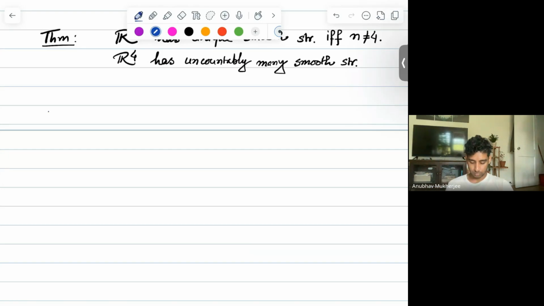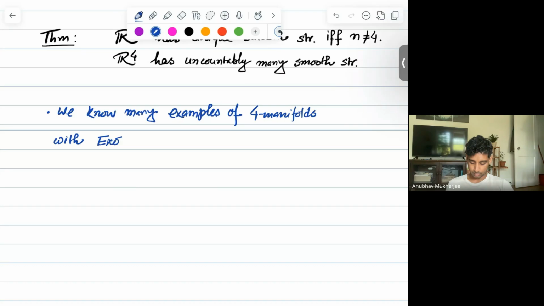So we know many examples of four manifolds with exotic structure. But again, the four sphere is still out of reach for us. We haven't had any idea how to understand the smooth structure on the four sphere.